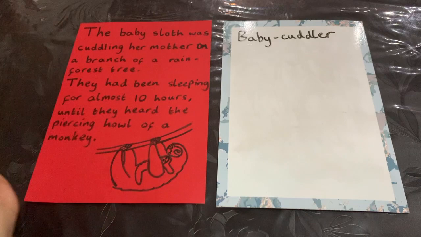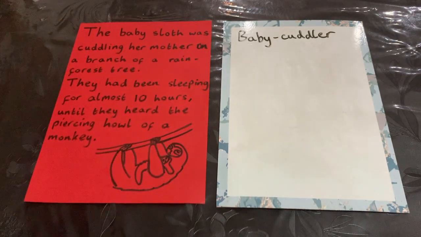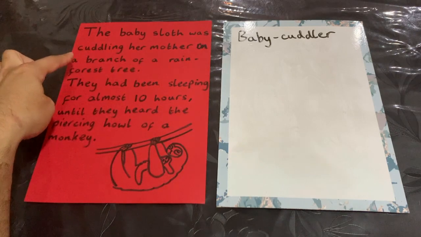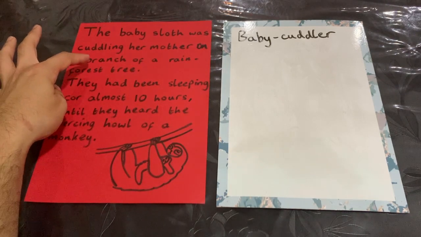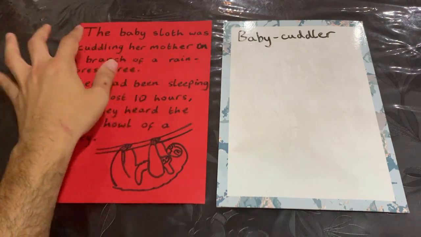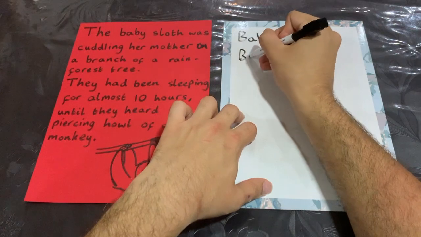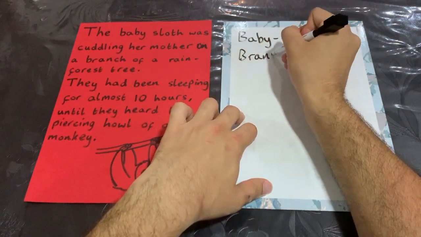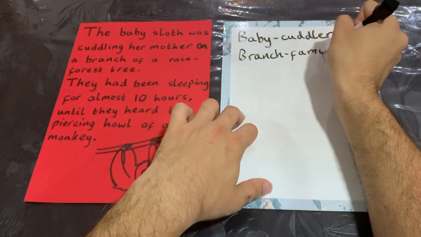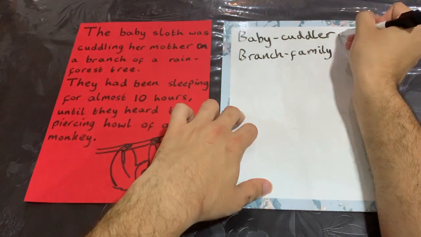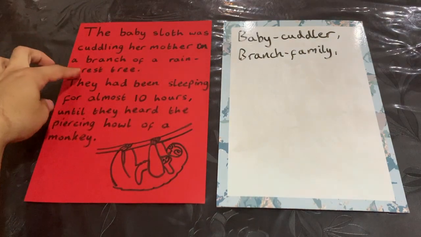Okay, so baby cuddler cuddling her mother on a branch of a rainforest tree. And for that bit, I'm going to say branch family because it's the baby sloth and the mother together. So baby cuddler, branch family.